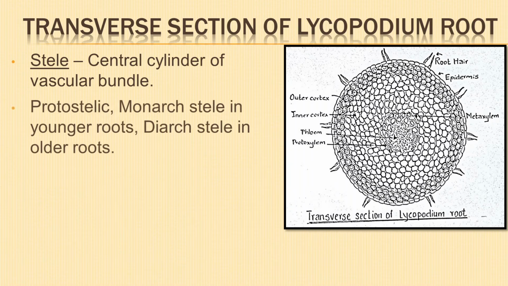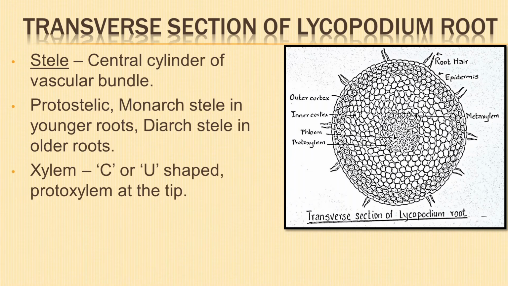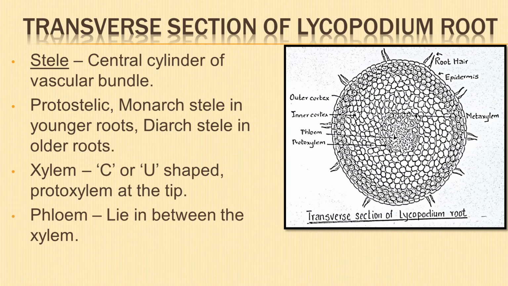In Lycopodium, the stele is protostelic, that is, phloem surrounds the xylem, with Monarch Stele, stele with one xylem strand in young roots, and Diarch, that is, a stele with two xylem strands in older roots. Xylem is arranged as C or U-shaped structure with protoxylem at the tip of it. The phloem cells lie in between the xylem.